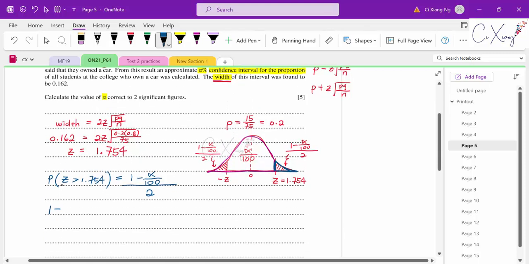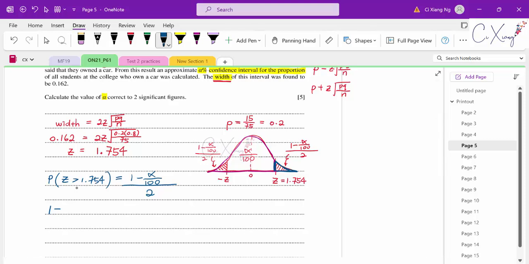Okay, yeah, so we go back to our step here. The value that we get is for z smaller than, but we are looking for z greater than. Therefore, you have to take 1 minus 0.9603, and this area is equals to 1 minus alpha over 100 divided by 2. Try to simplify your answer.